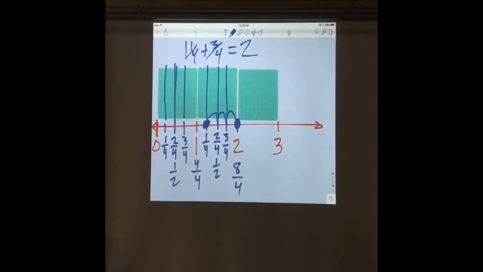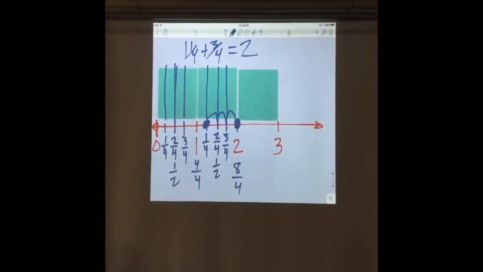Okay? Does that make sense? And this is the way that you would work with a number line. Number lines are just like what we've been doing with our fraction boxes, but we're just going to put a number line below it. Okay? Now that's adding, right? We're adding using a number line.